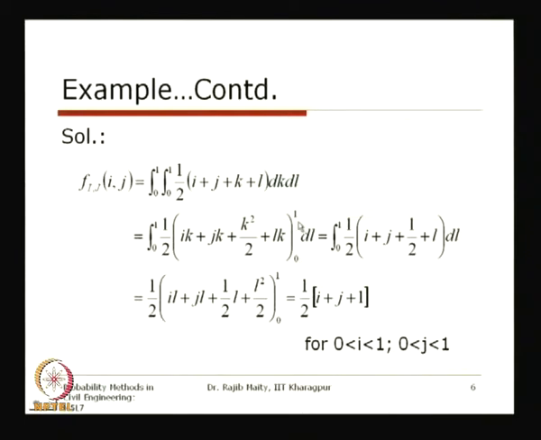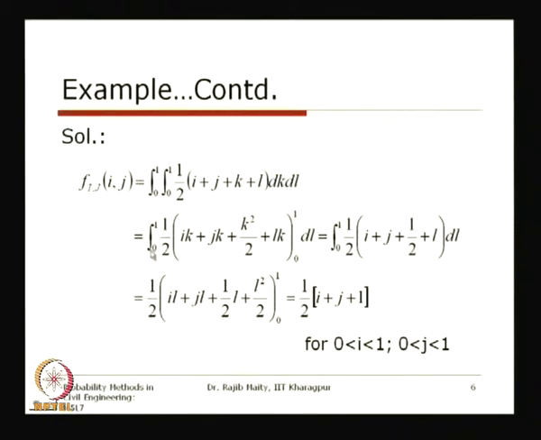If we put in the limits, we get the new function, which is half into i plus j plus half plus l, and again we integrate with respect to l, and after that we get the final form as half into i plus j plus 1, where the ranges of i and j are 0 to 1.